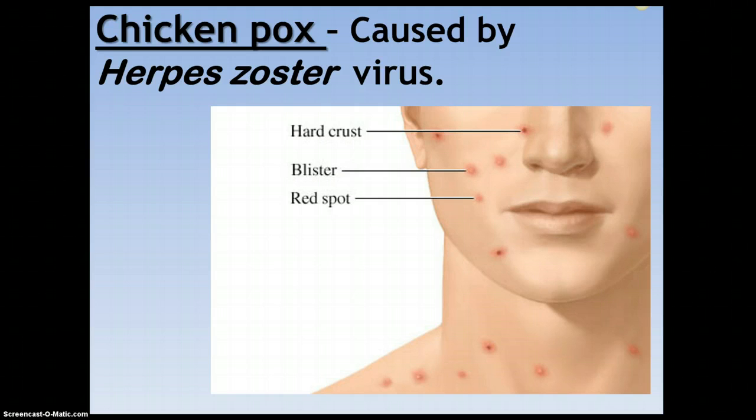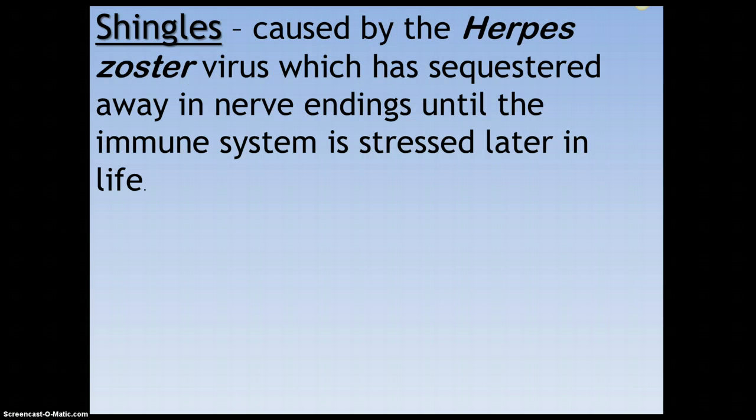And if you have the herpes zoster chickenpox as a child, it manifests itself in these little red marks which itch. But later on in life, as it comes back, and it can come back more than just once, it comes back in the form of shingles due to stress or low immune system, and that is very painful.